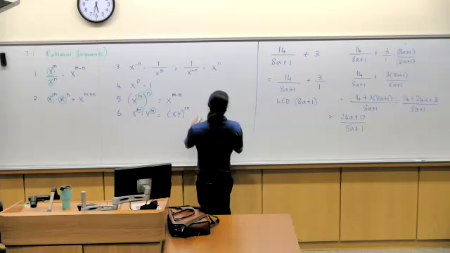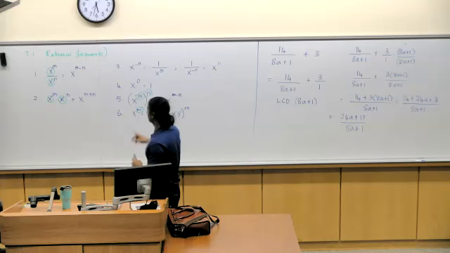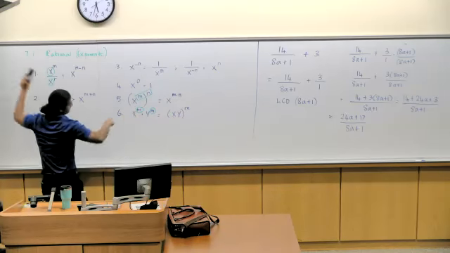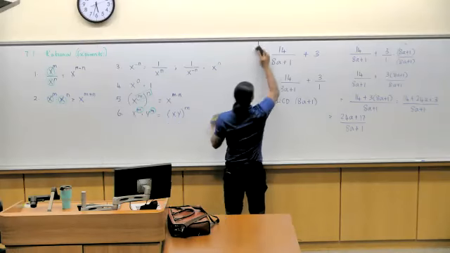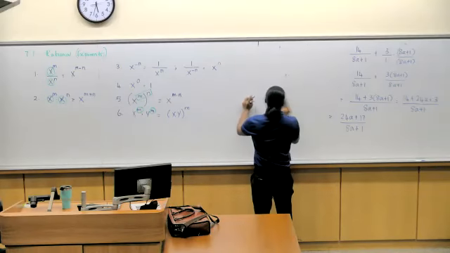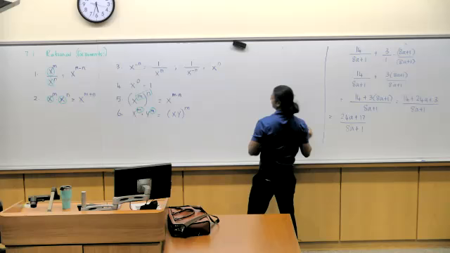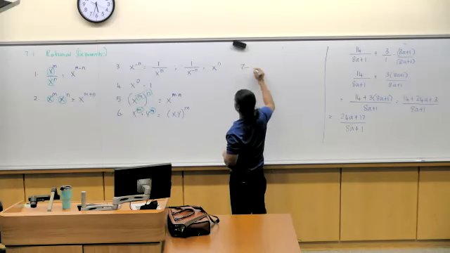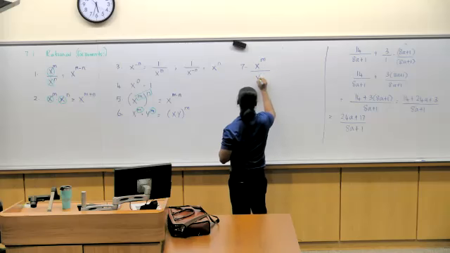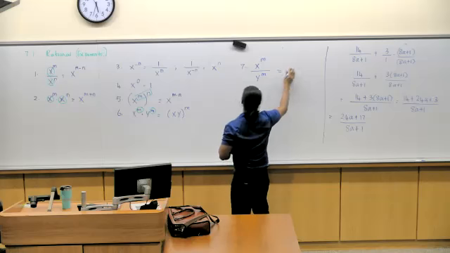Now that we have that particular property, what would x raised n divided by y raised n equal to?